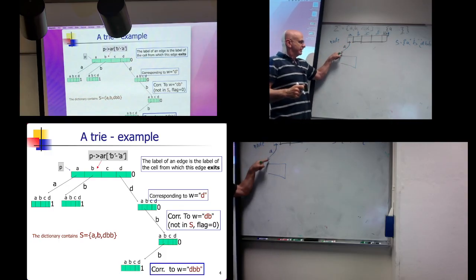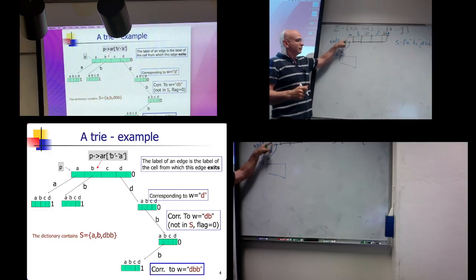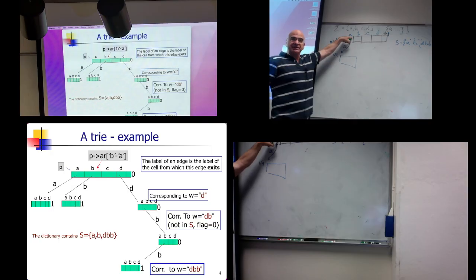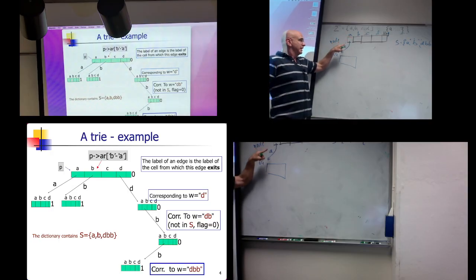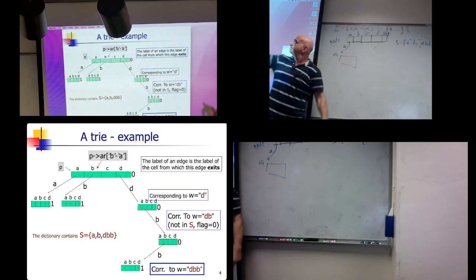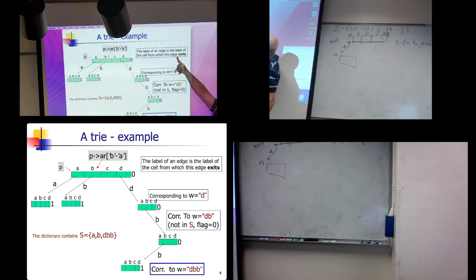This pointer, this arrow, corresponds to the letter A. Why A? Because it's coming from the first cell. The label that I give to an edge corresponds to the cell from which this edge exits, this edge leaves.